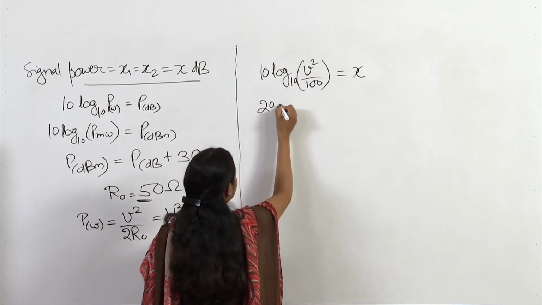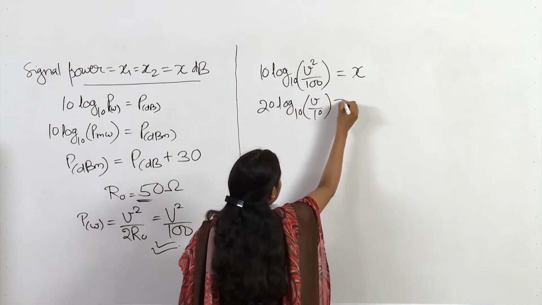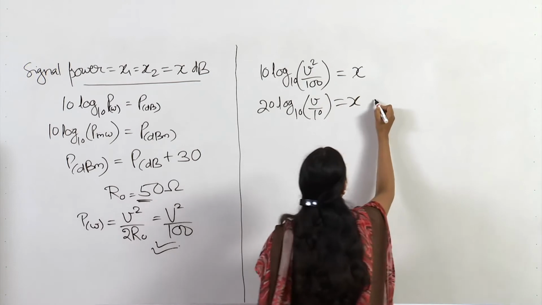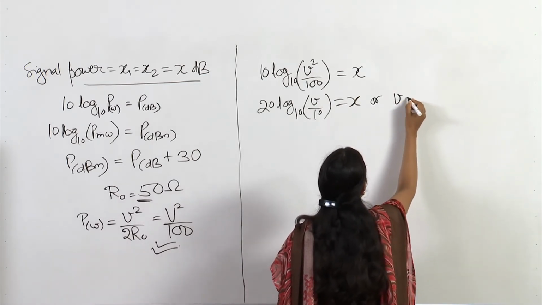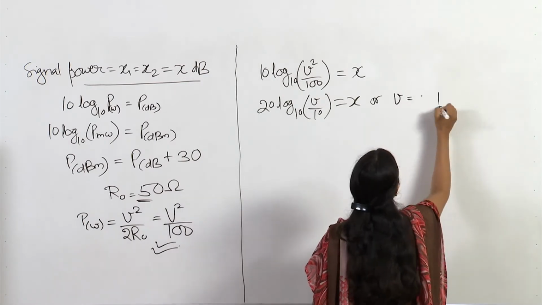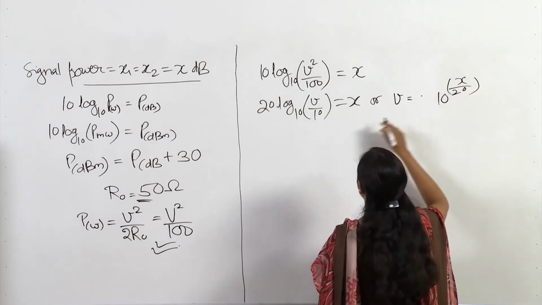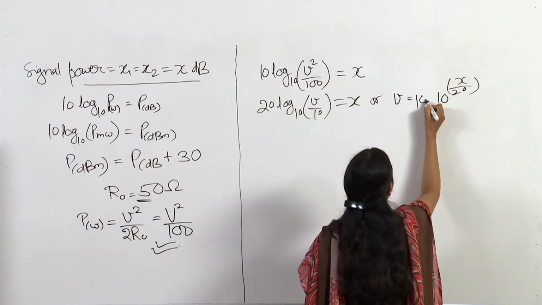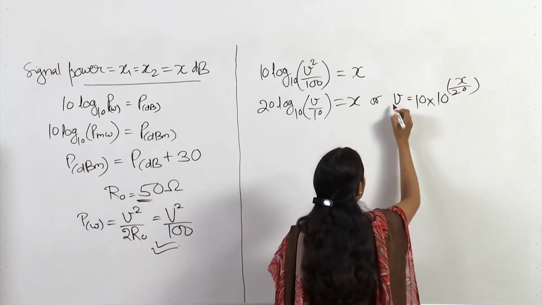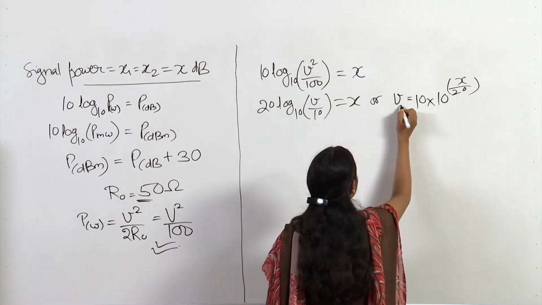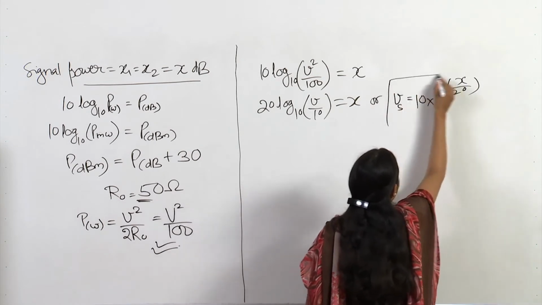We can also write it as 20 log 10 V upon 10 equal to x, or we can say our voltage is actually 10 to the power x upon 20 multiplied with 10. So, it is for the main signal, Vs is representing our signal voltage.